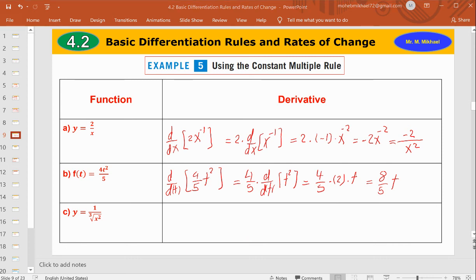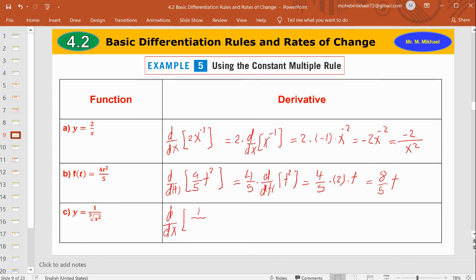In the last part of this example, I need to get the derivative of the function y equals 1 over the cube root of x squared, a radical function. So my job is to find the derivative d over dx of the following, and I'm going to turn this radical function into an exponential function.